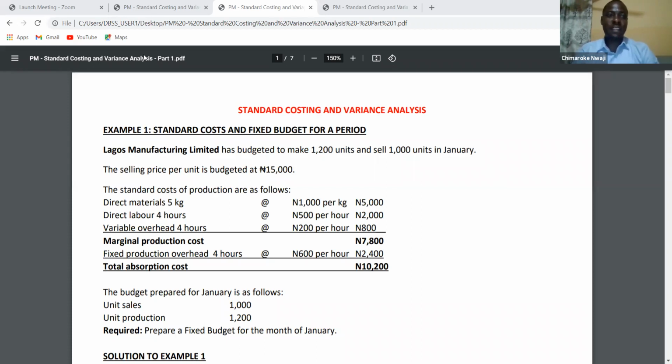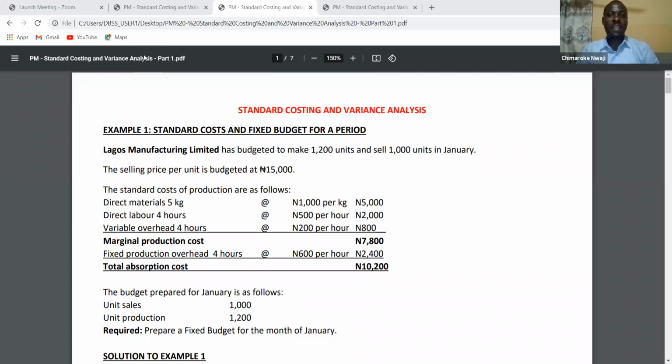Good evening, class, and welcome to our performance management lectures today. The topic that we are going to be considering today is standard costing and variance analysis. Now, standard costing and variance analysis is one important topic that you should pay attention to.